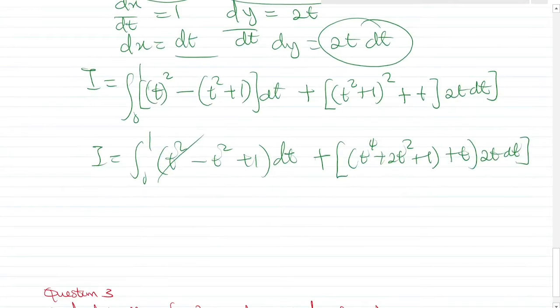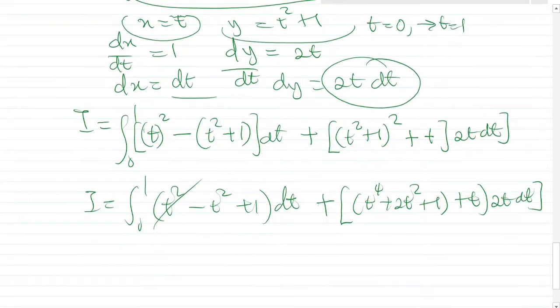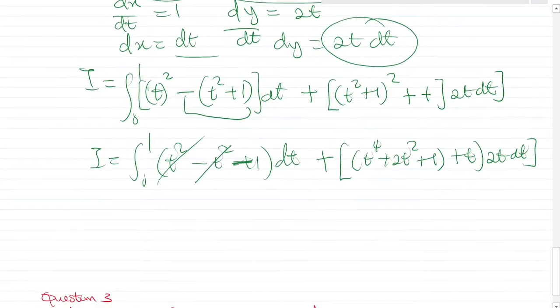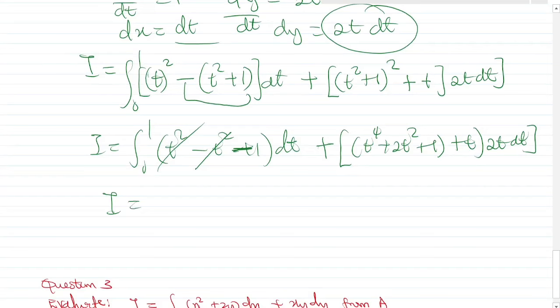Okay, so of course this has cancelled. Now one thing you should notice is that I've made another mistake here. It's supposed to be minus, opening this bracket, so it will be minus t squared minus 1. So after this, t squared cancels minus t squared, your integral remains from 0 to 1 of minus 1 dt. Minus 1 in that bracket, then dt.